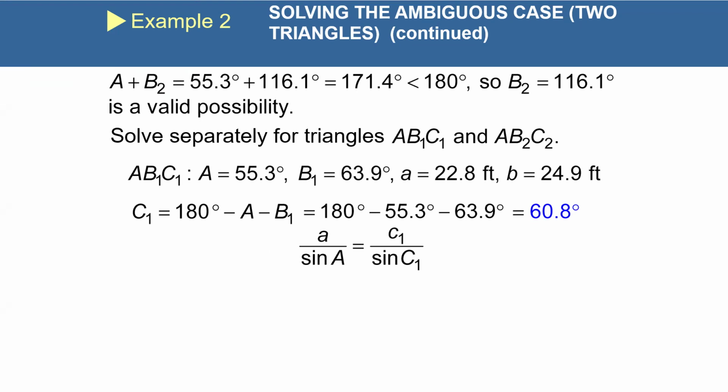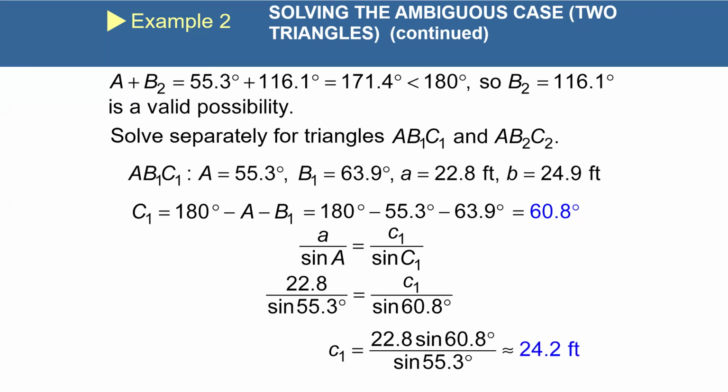Now you're plugging in what you know. Solve for your C, cross multiply and divide. And we get that C1 is 24.2. So one triangle is based off of B1. Then you have your second B value that's going to produce another triangle. So this is our first triangle.